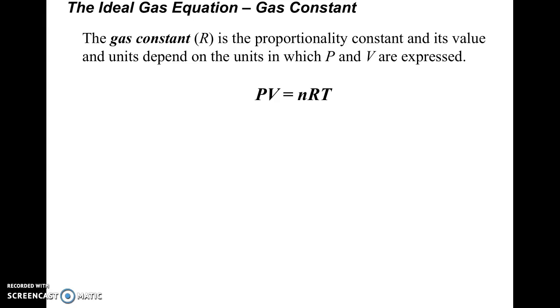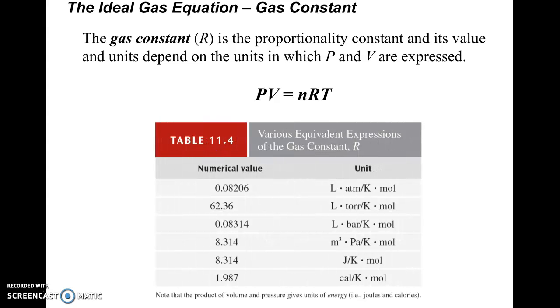It's a proportionality constant, as you can see, and there are a lot of values for it depending on the units that you use for your pressure and volume and temperature. And in our work, we are going to use a numerical value of 0.08206 because our volume will be in liters, our pressure will be in atmospheres, our temperature will be in degrees Kelvin, and we will use moles.